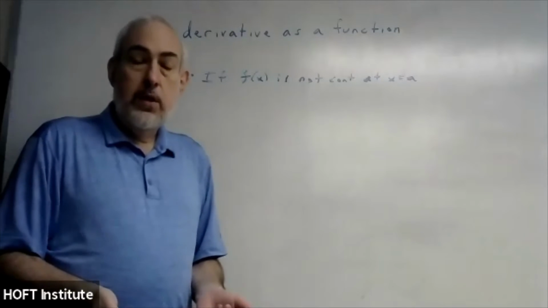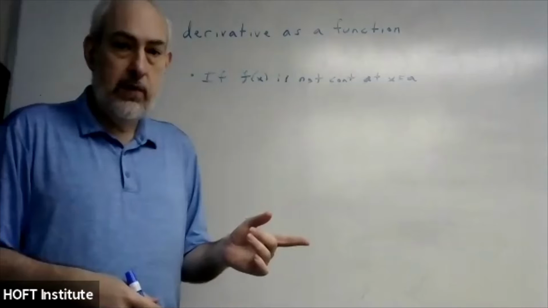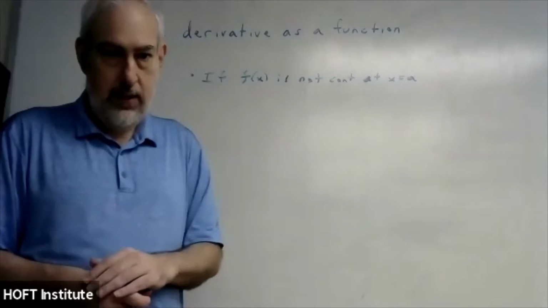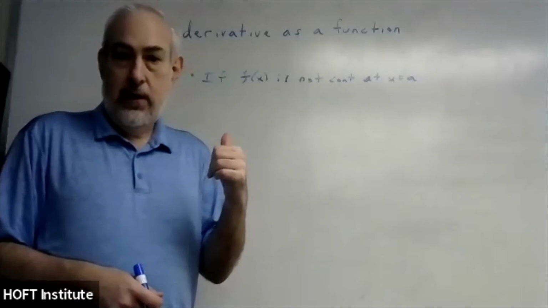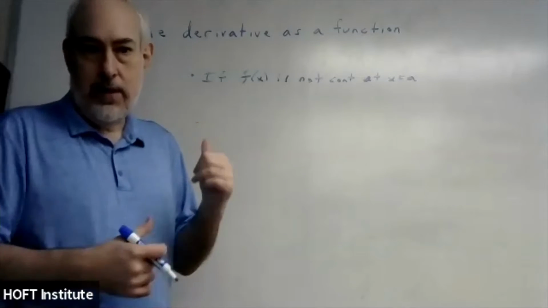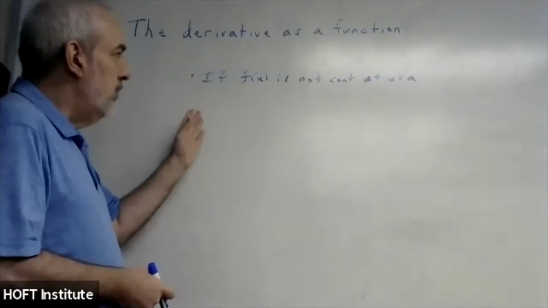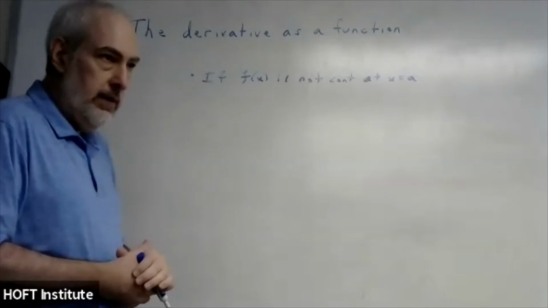So the function has to be continuous to even possibly have a derivative. But if it's not continuous, it definitely doesn't have a derivative. So lack of continuity is one way that a derivative cannot exist.